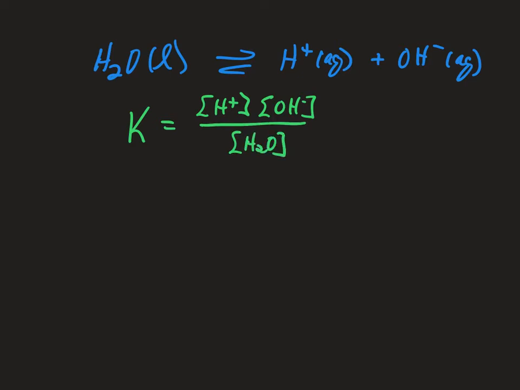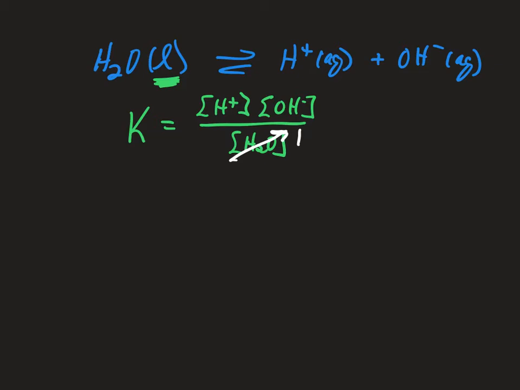But remember, water here is a pure liquid. So as a pure liquid, one of the things we know is that what is really in these is activities, and the activity of a pure liquid or a pure solid is 1.